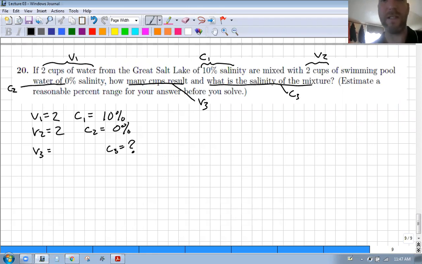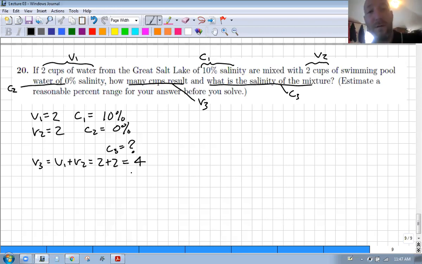We don't know what C3 is. V3, we know that it's V1 plus V2. So that's 2 plus 2 is 4. So we know V1, V2, C1, C2, and V3. All we don't know is C3, but we can plug this in, right?